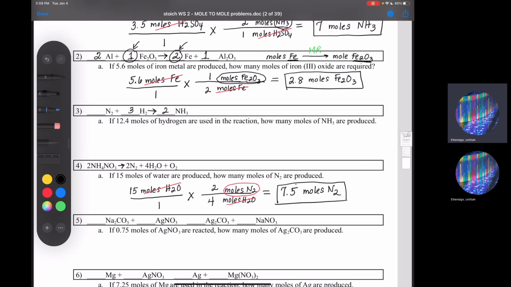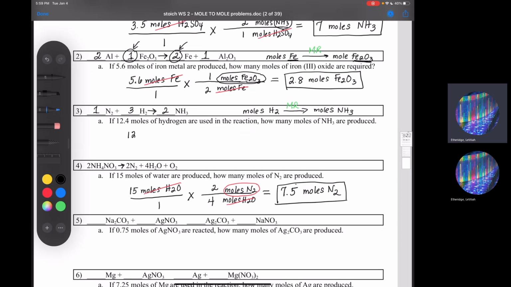All right, so now we got to solve the problem. So it tells you that you're starting with moles of hydrogen, and it wants to know how many moles of ammonia are produced. To make this conversion, we are going from moles to moles, so we're going to use the mole ratio, and then we are going to take a look at our equation and figure out what's going on.